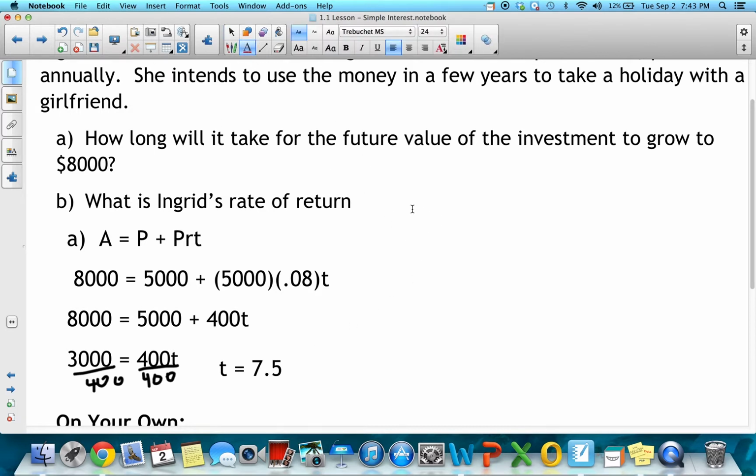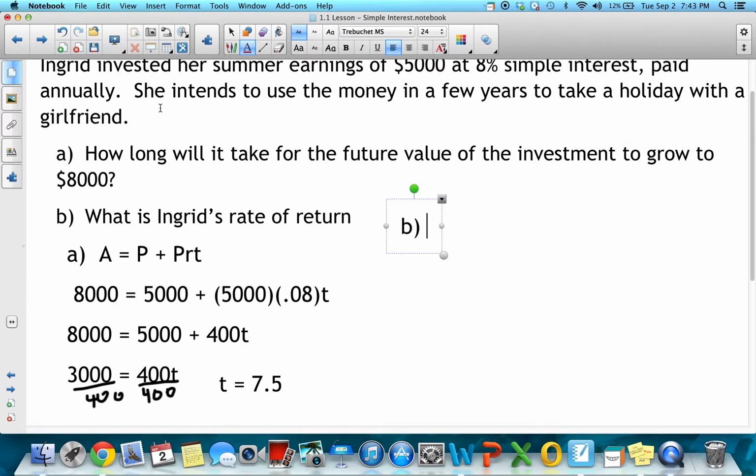Okay, what is Ingrid's rate of return? That's part B. In order to figure that out, we first have to calculate how much interest she would accrue in 8 years. So I can look at my simple interest formula. I is equal to PRT. Our principal is $5,000.